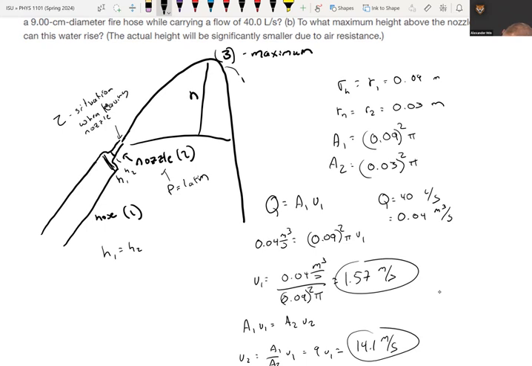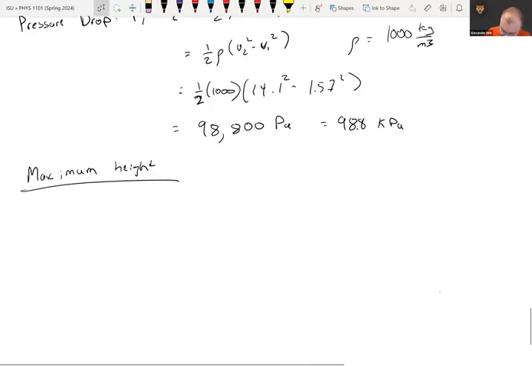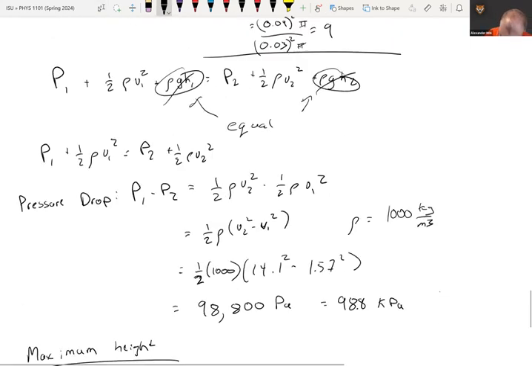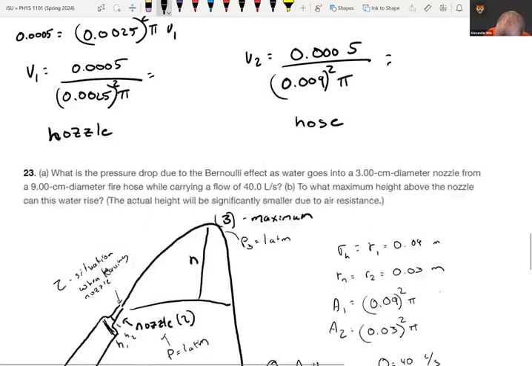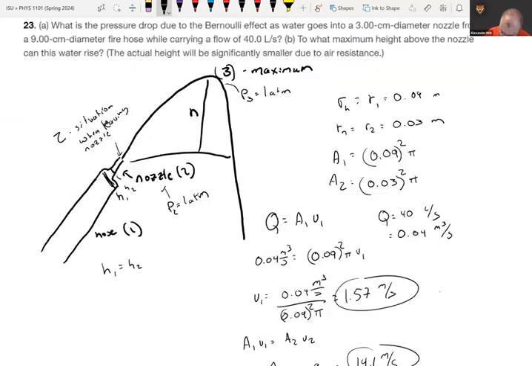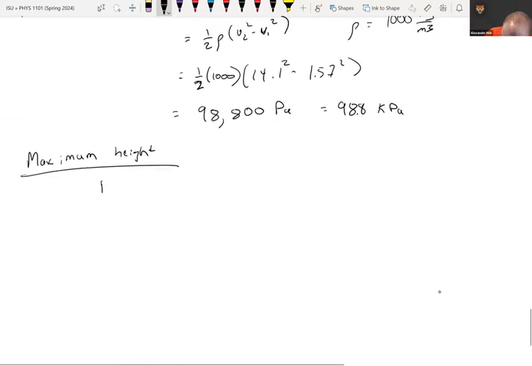And the pressure at 3 is also 1 atmosphere. So the whole idea is that going back down to here, it should have been pressure 2. Yeah, pressure 2 equals pressure 3. Now, why is that relevant?